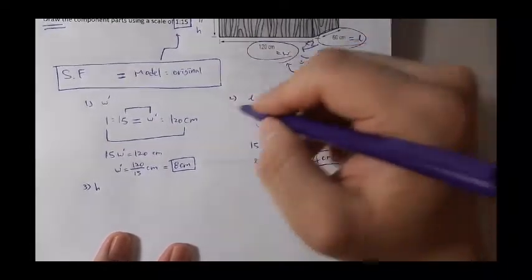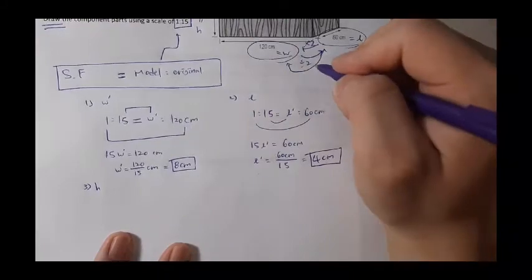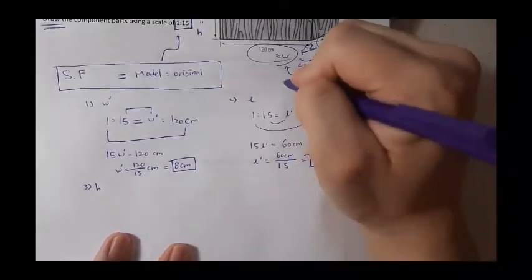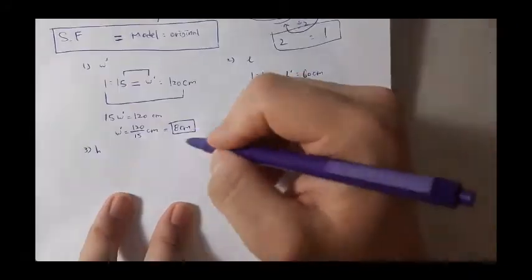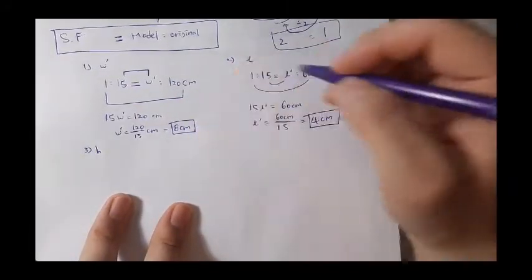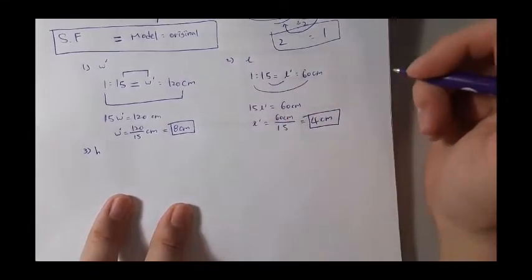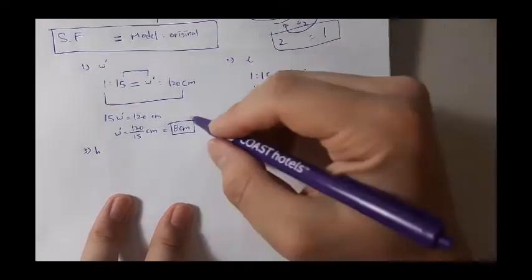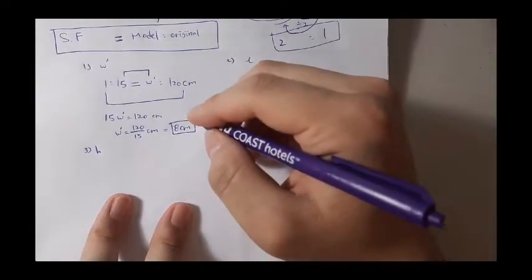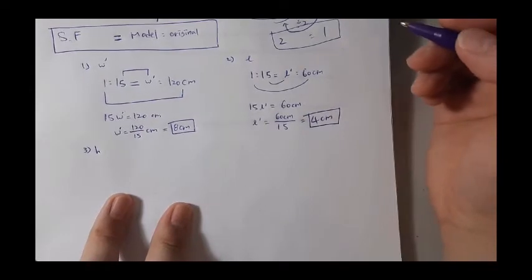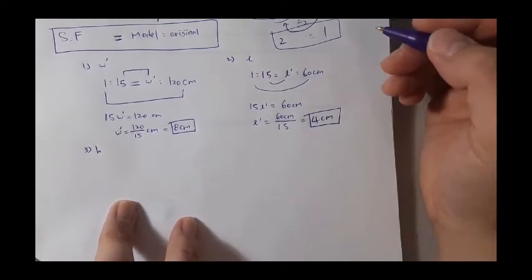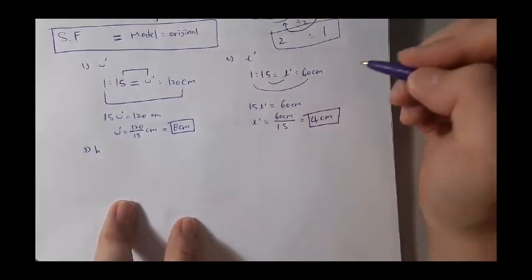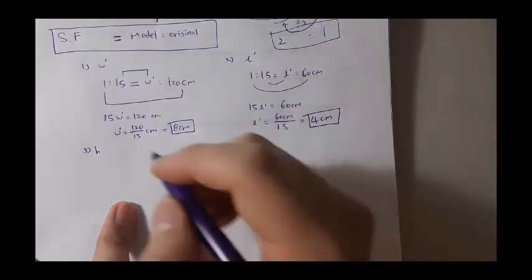So to make your life a little easier, as long as you figure out the ratio of 2 to 1 between width and length, you can figure out one of them using the ratio, and another one just uses the same thing, like 8 to 4, because it's 2 to 1 in this situation. You can do that because our scale and ratio should be applicable for every single measurement.